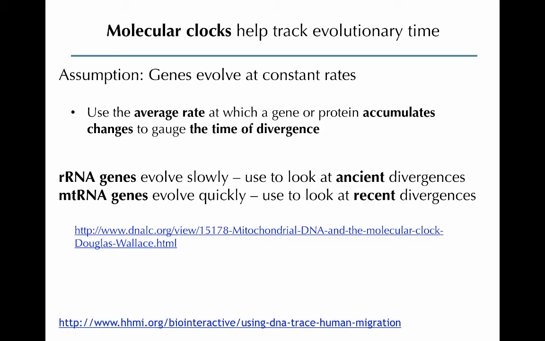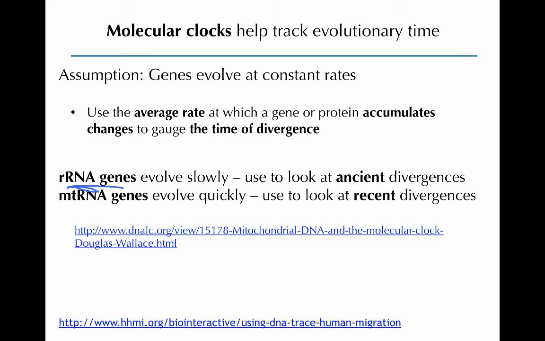Some genes, like the rRNA genes, so those are genes in the DNA genome, in the nucleus of the cell, that code for the little ribosomal RNAs that will go in the ribosome. Those genes evolve very slowly, because if you have mutations to the rRNA, it can't catalyze the protein building anymore.